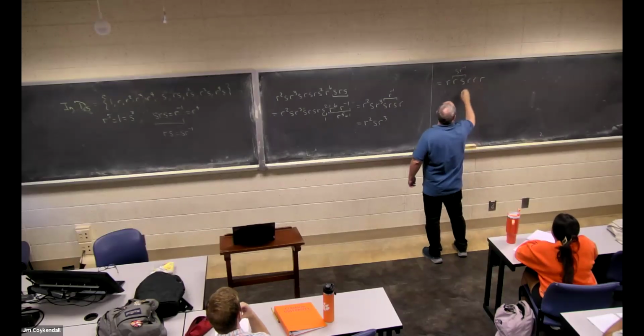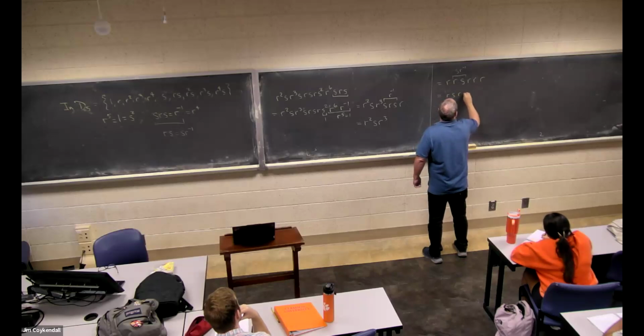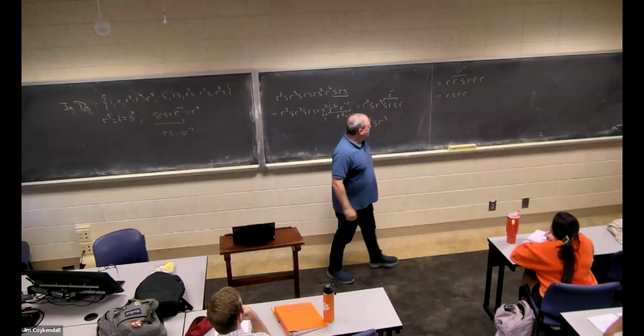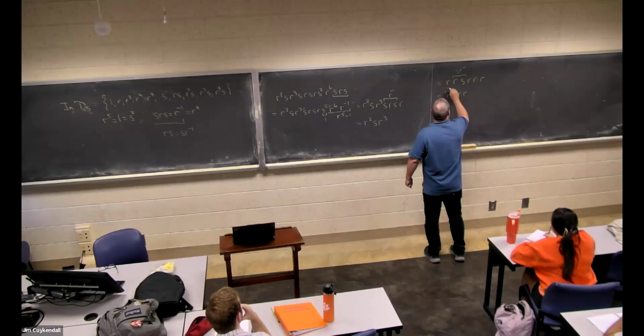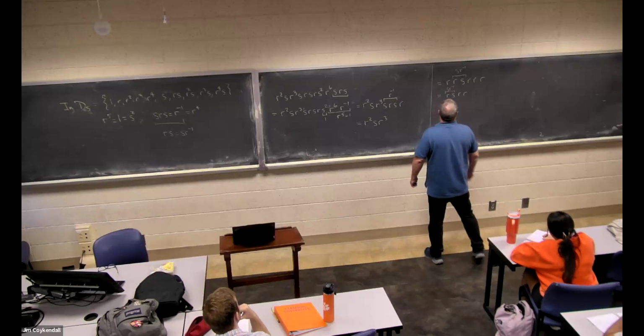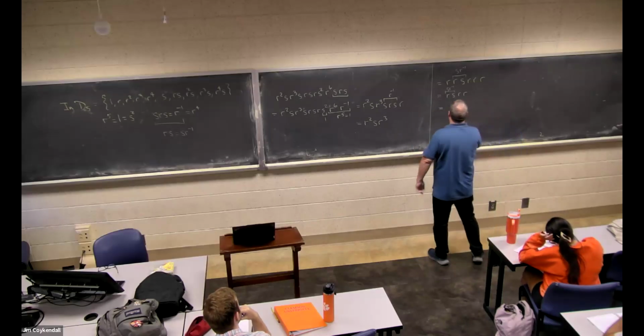And that R inverse cancels this one. So I get R S R R. Everybody okay with that? And I'm going to do this again because RS is this. So I'm going to replace this with this, and that's going to be S R.